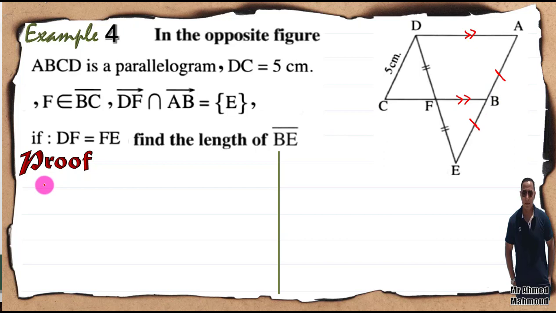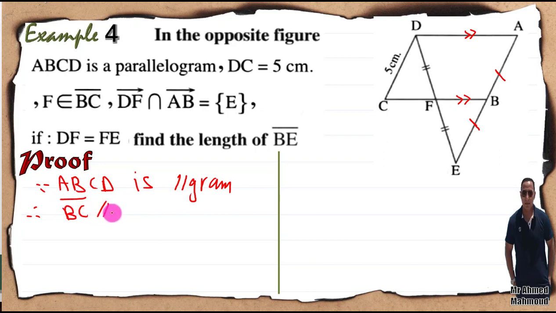Okay, since ABCD is a parallelogram, therefore BC is parallel to AD, therefore BF is parallel to AD.